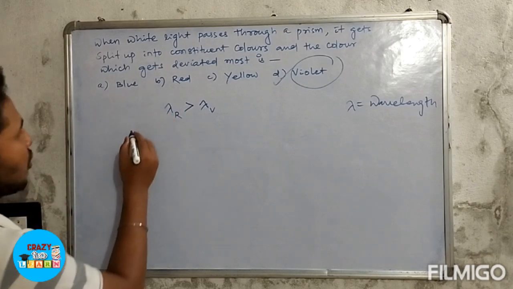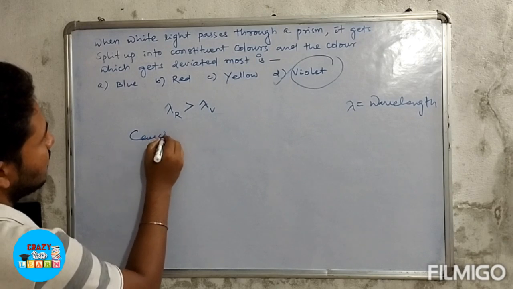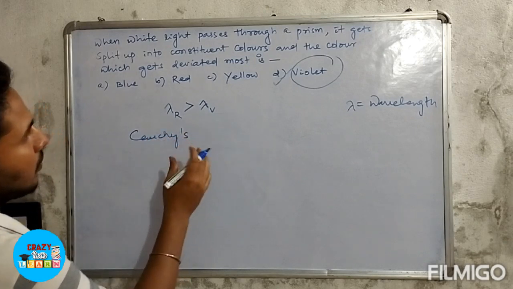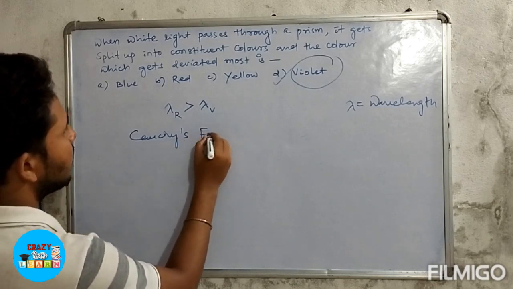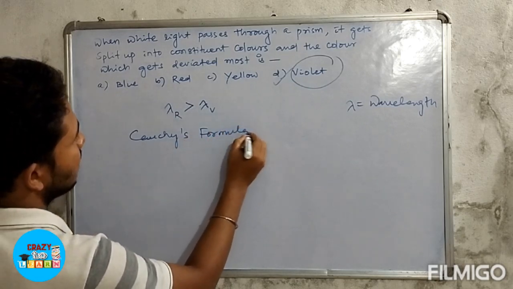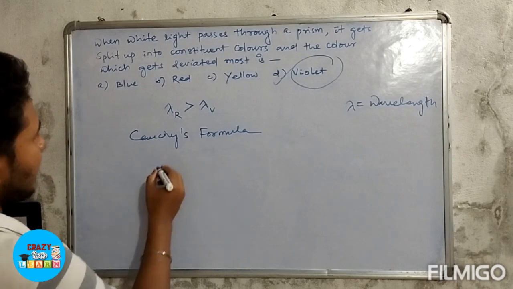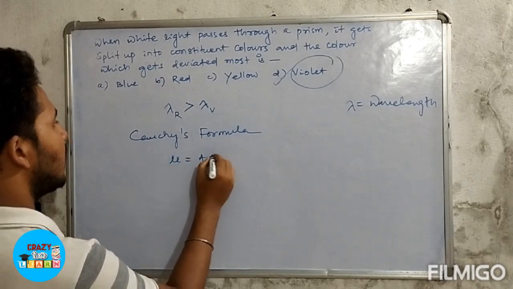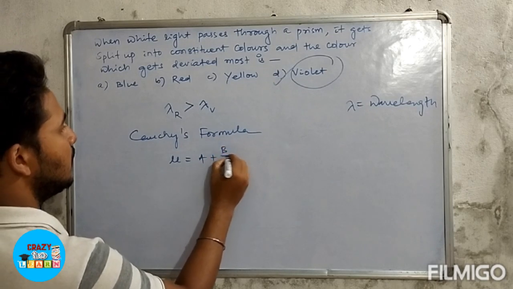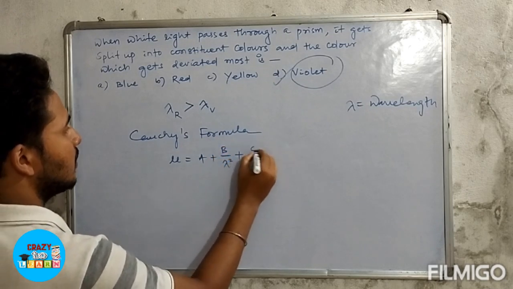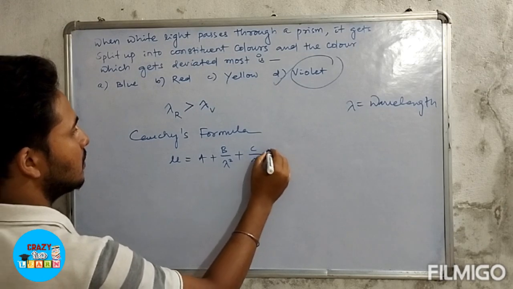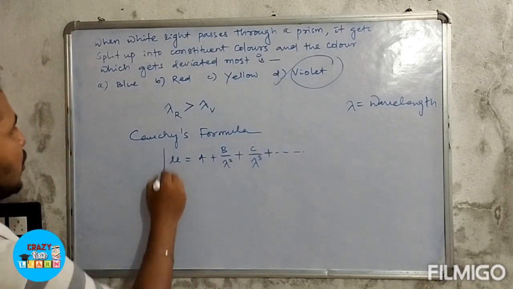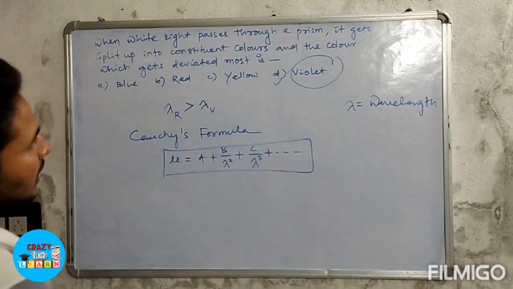And the Cauchy's formula, if you know it or not, then just remember, in our chapter of optics we have a formula called Cauchy's formula, which gives the refractive index mu is equal to a plus b by lambda square plus c by lambda cube plus dot dot dot, where a, b, c are constants.